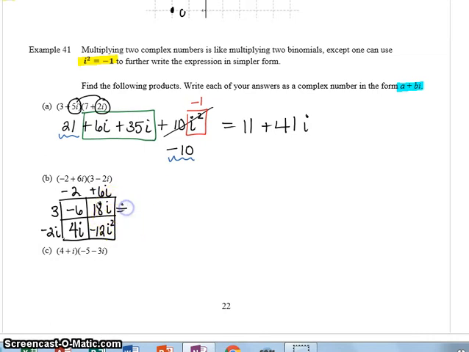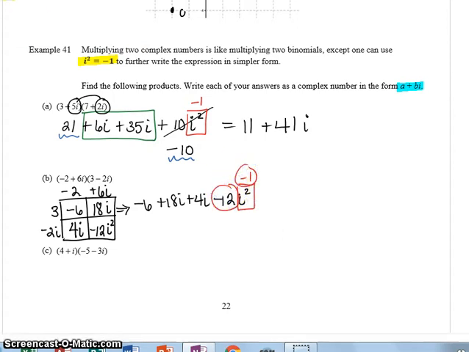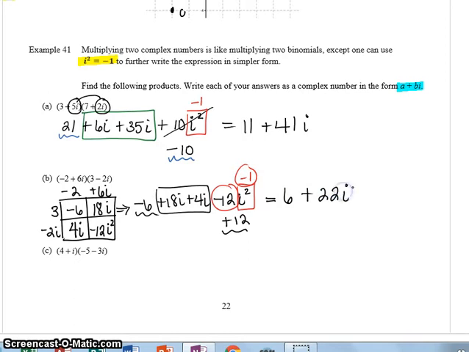Be careful with that box. You have negative 6 plus 18i plus 4i minus 12i squared. This i squared is negative 1, so when I multiply this times this, it actually becomes a plus 12. Now when I combine like terms, that gives me a 6. And then 18i plus 4i is going to be plus 22i.